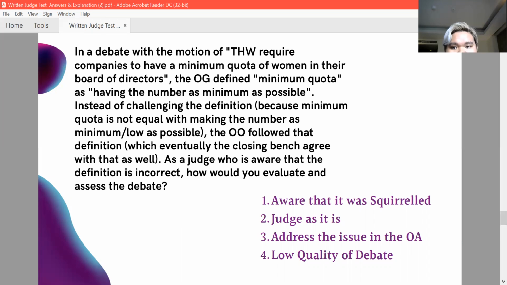That means that probably the engagement or the quality of arguments is not going to be developed that much. Hence, it can create the debate to have lower quality compared to other rooms, for example, the debate with the motion and the right definitions.